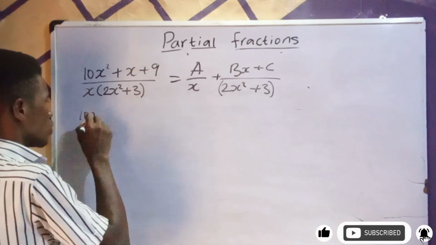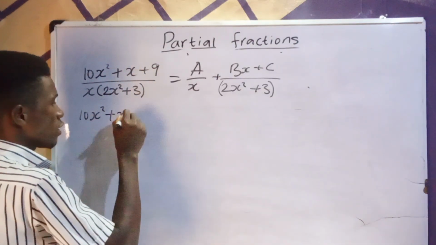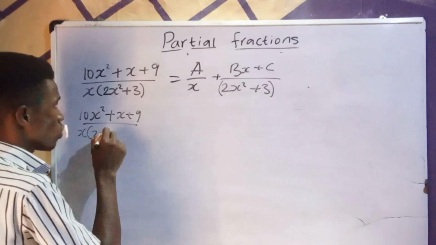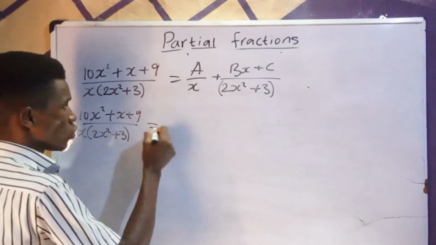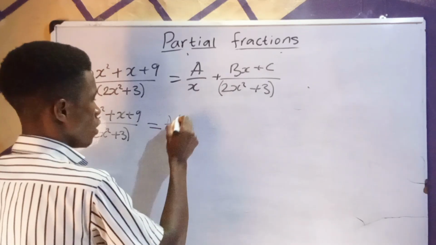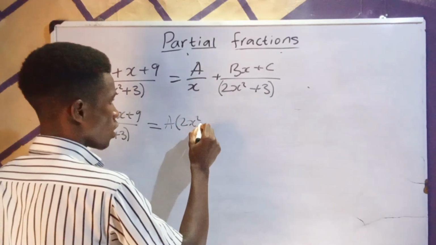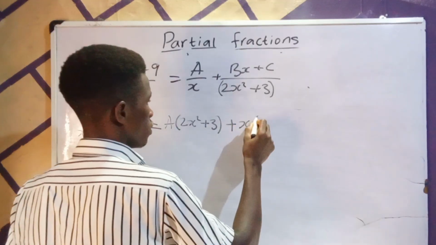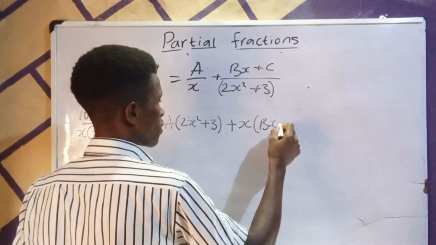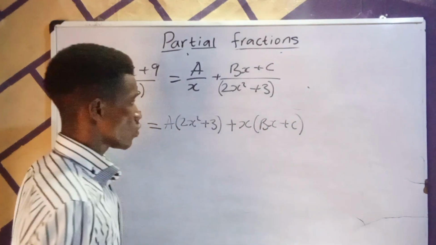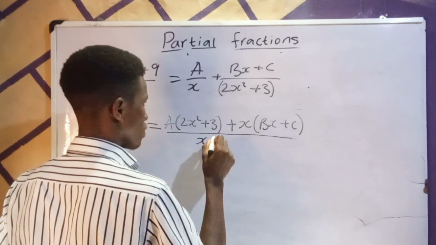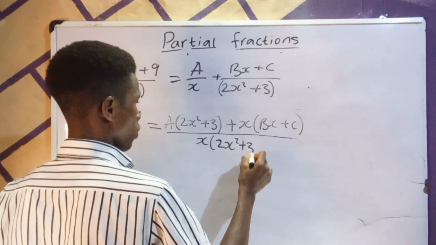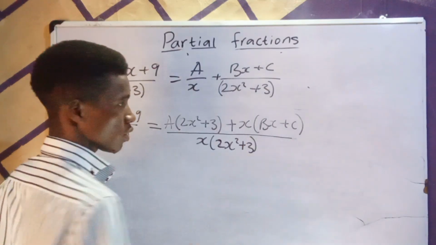So we have 10x squared plus x plus 9 over x into 2x squared plus 3. This is equal to A into 2x squared plus 3 plus x into Bx plus C, over x into 2x squared plus 3.